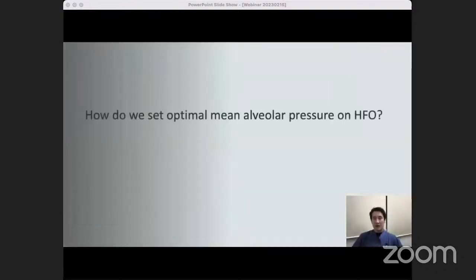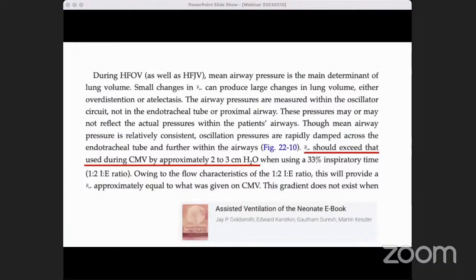Okay, now I'd like to discuss the MAP for a moment. How to determine the appropriate MAP in HFO. This is the reference from a textbook on neonatal ventilation management. It is written that the MAP value should be set 2 to 3 centimeters H2O higher than the setting of CMV.